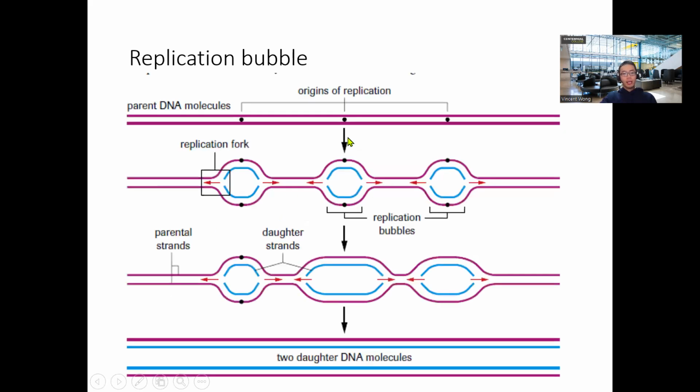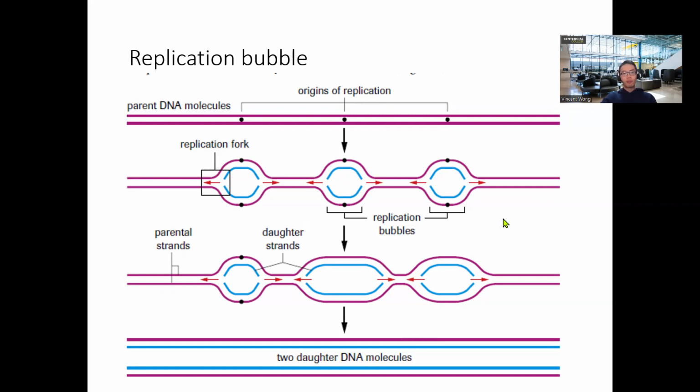Here is a picture that I drew on the board last time. There's a parent DNA, and then we have multiple bubbles, multiple origins of replication. As the bubble expands horizontally, they will fuse together with other bubbles, and ultimately you are going to have 2 new strands.